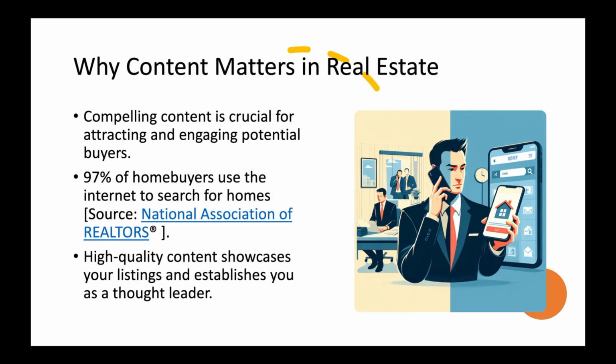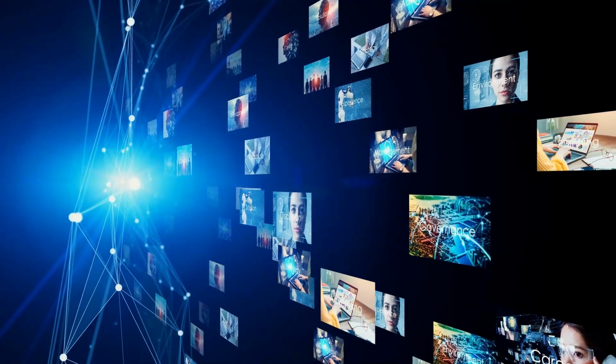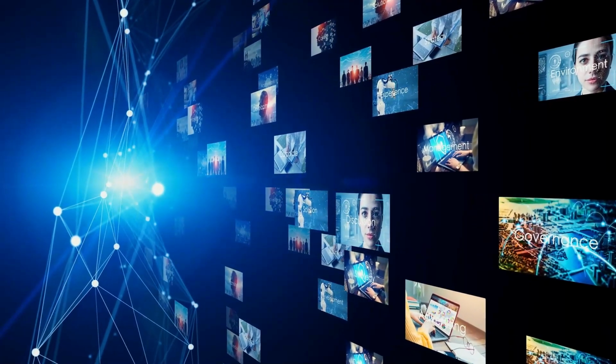And the listing description is probably what would determine if a potential buyer would contact you for more information or just skip through to the next property. And I'd imagine if the pictures are not attractive, they would move on.